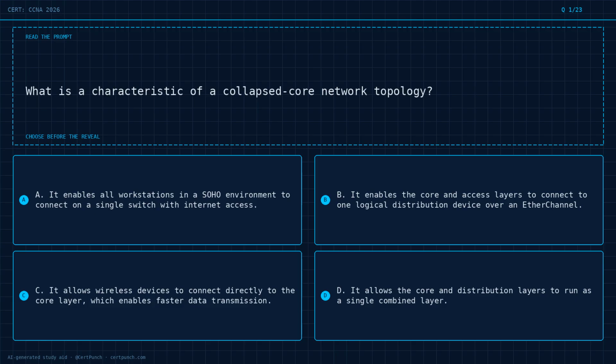Option C. It allows wireless devices to connect directly to the core layer, which enables faster data transmission. Option D. It allows the core and distribution layers to run as a single combined layer. Choose the best answer before the reveal. Commit to it now. The answer is Option D.